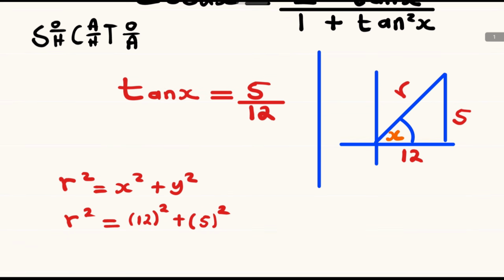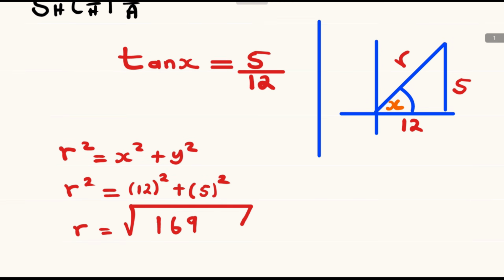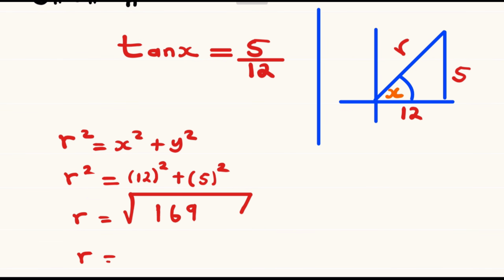We introduce the square root both sides of our equation, and r will be equal to the square root of 12 squared, which is 144, plus 25 is equal to 169. So our r is equal to the square root of 169, which is equal to 13. So our hypotenuse is equal to 13.